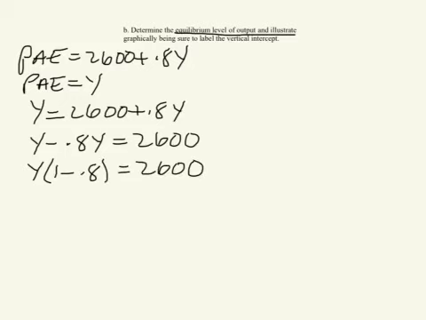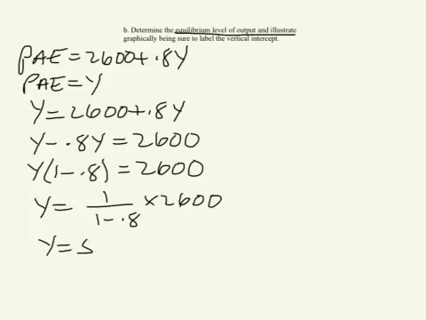And now I'm going to solve for y. Divide both sides by 1 minus 0.8. So y is equal to 1 over (1 minus 0.8) times 2,600. So y is equal to 5 times 2,600. So y is equal to 13,000.